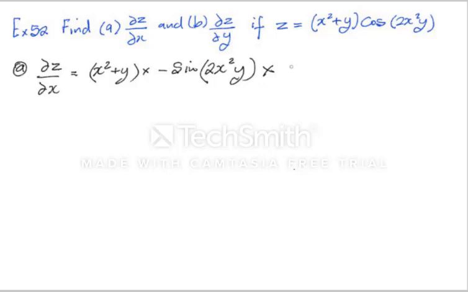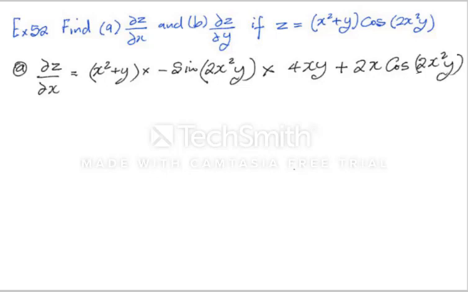So we'll end up with 4xy. So we leave the first, differentiate the second, plus differentiate the first, we get 2x, leave the second. Y is a constant, so therefore if you differentiate a constant with respect to x, it goes. So we have 2x, differentiate the first, leave the second, cosine 2x squared y.